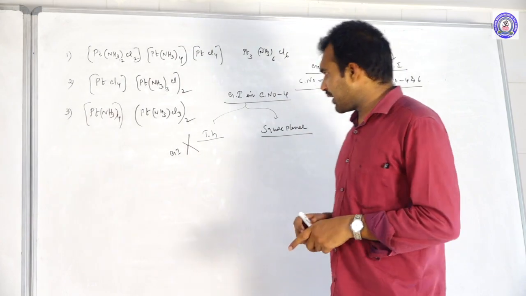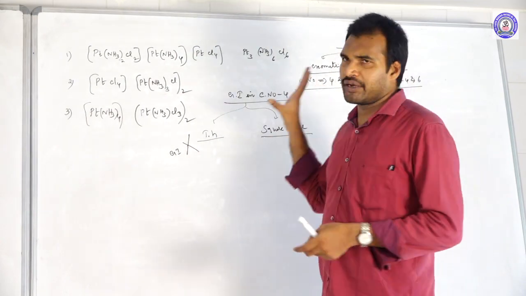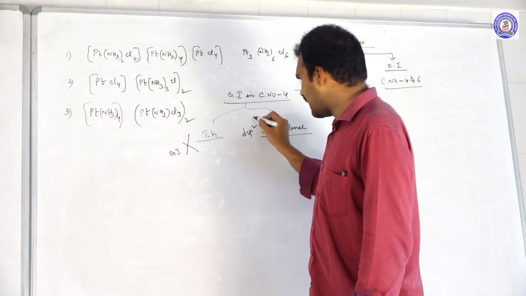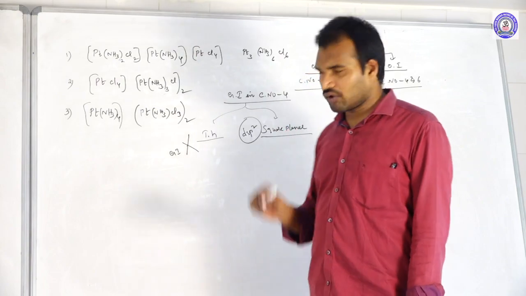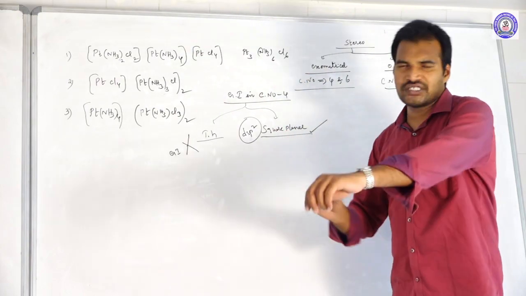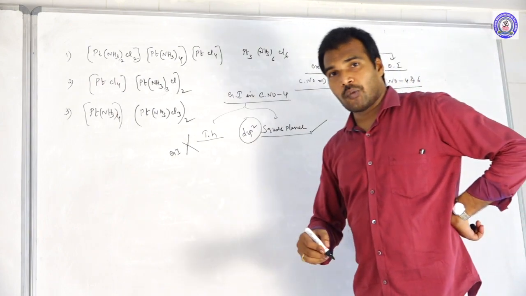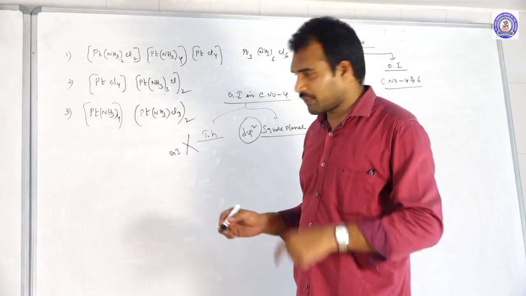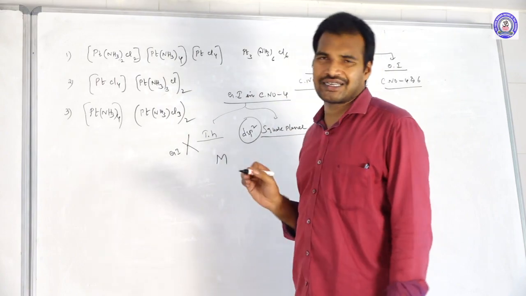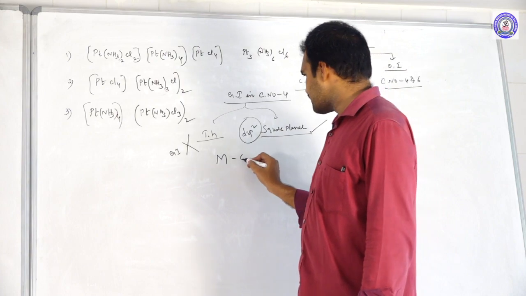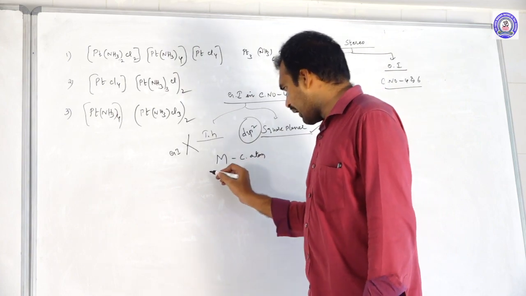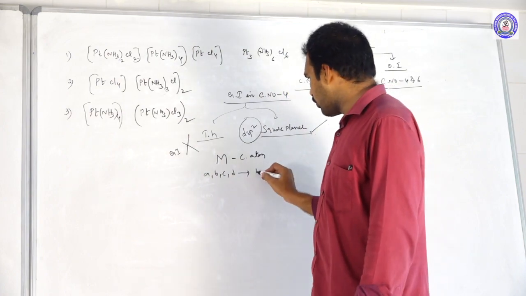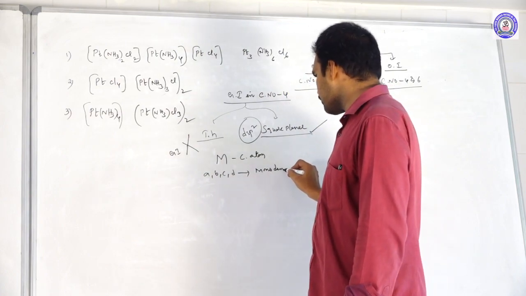Next, what is the remaining option? Square planar complexes only show it. Square planar means the hybridization is dsp2. For our convenience, I am writing the general representation of complexes. M represents the central metal atom, and small a, b, c, d are all monodentate ligands.